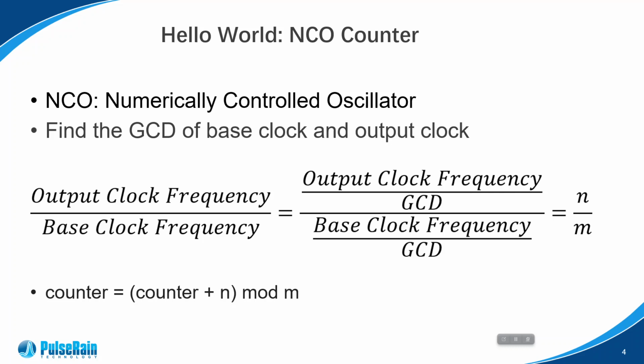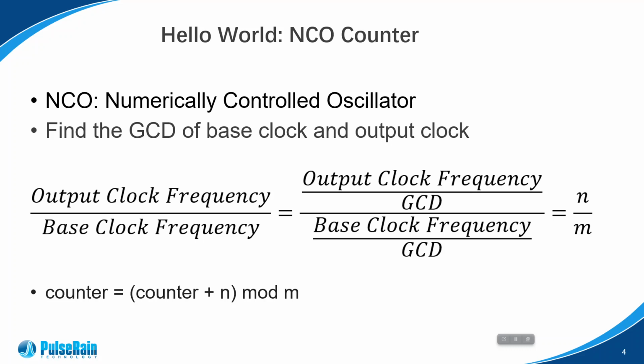Basically, it's not technically a clock, it's an enable pulse, because in FPGA design, as I said, we usually use one base clock, and everything else is just enable pulses. So for us to do that, we need to figure out the GCD of the base clock and the output clock, and then we simply divide them by the GCD to simplify the clock frequency to get a simplified fraction, say it's n over m.